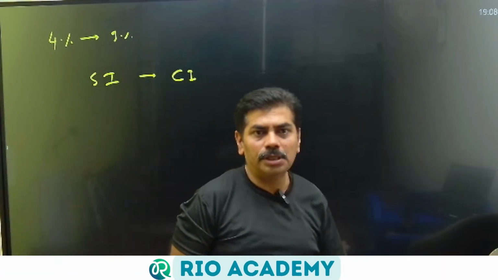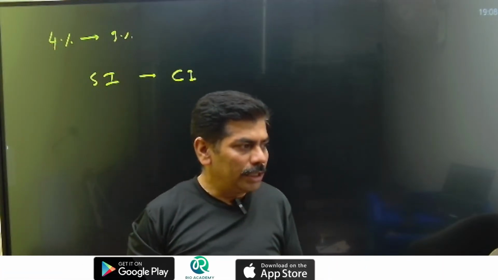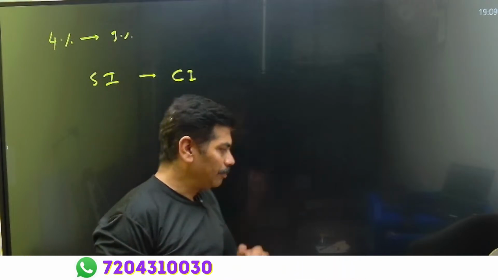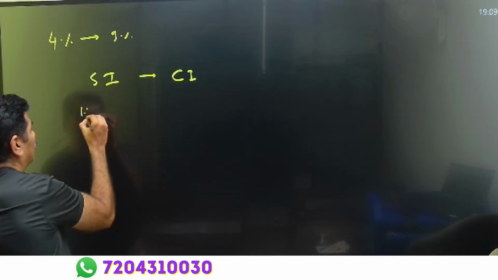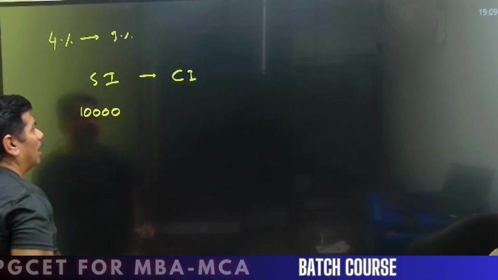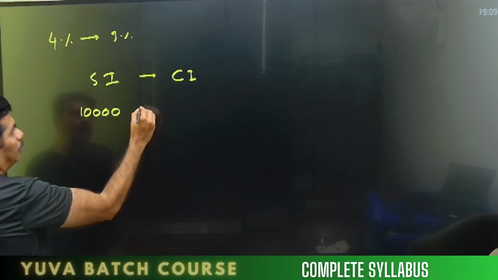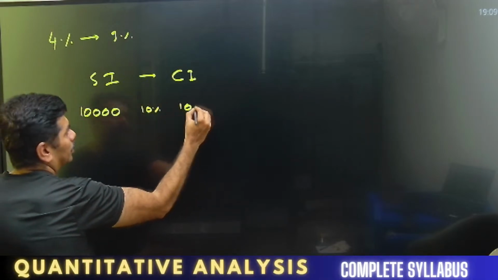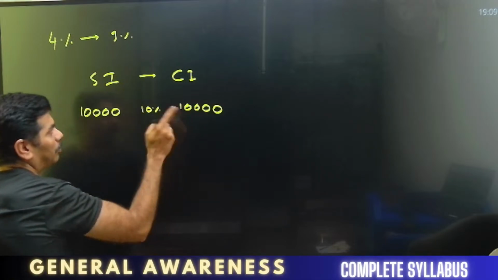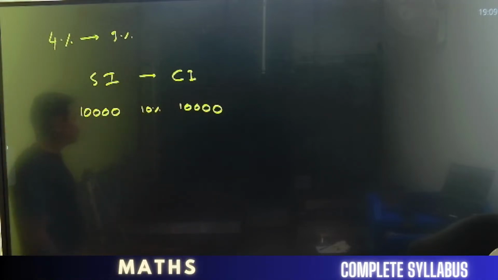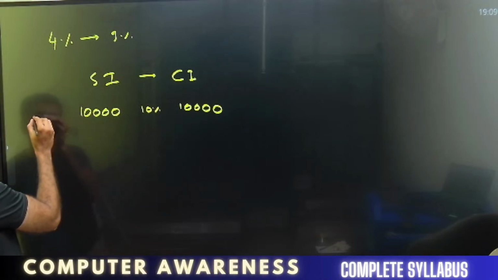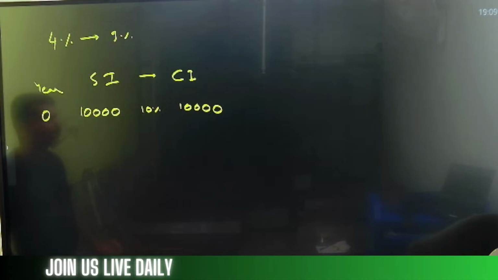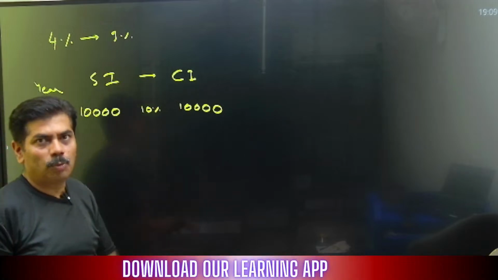Basically, simple interest is the interest that follows the arithmetic progression. Like if I give you a simple example, now if I deposit 10,000 rupees at the rate of say 10% in simple interest and 10,000 rupees at the same 10% in compound interest. Now what happens? I'll take year as 0, that means the year when you have deposited it.